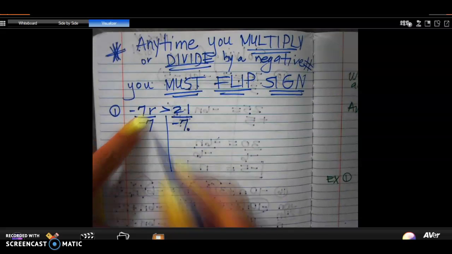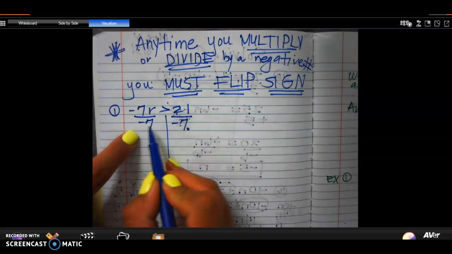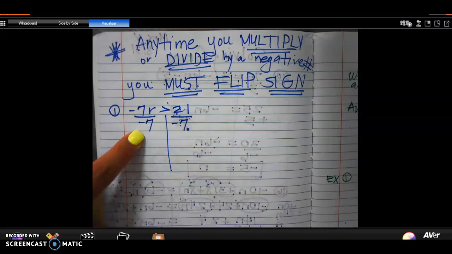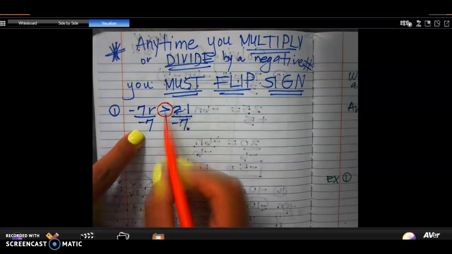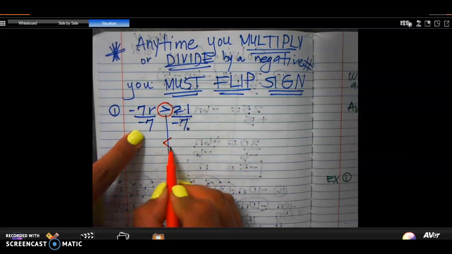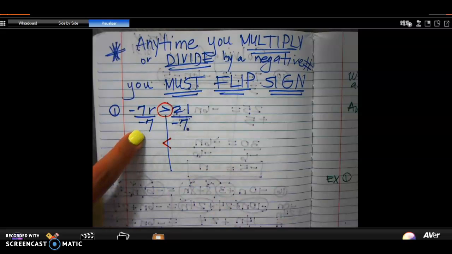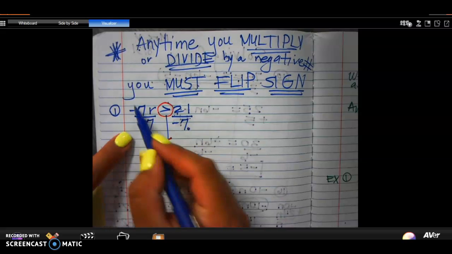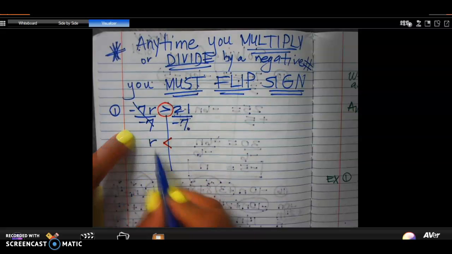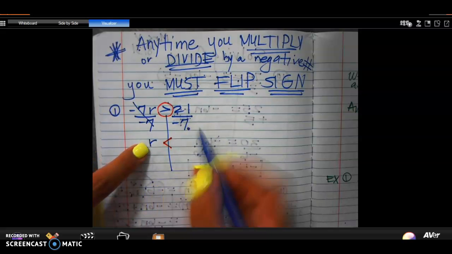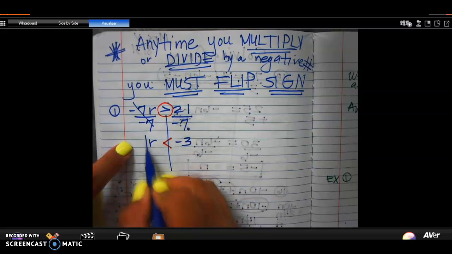So look what I did. I divided by a negative. So that means I am going to flip my sign. So when I rewrite it down here, it's going to be facing the opposite direction. Okay. My -7s simplify to be 1, so I'm left with r less than -3.